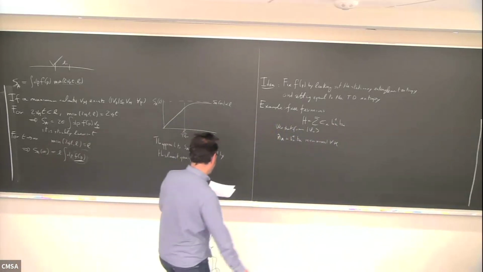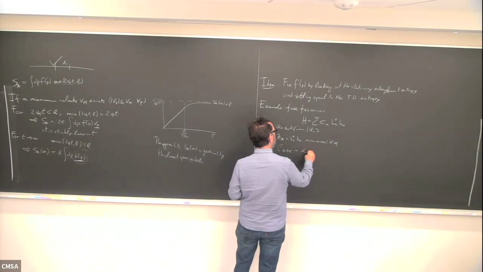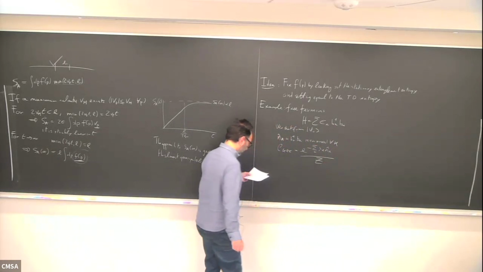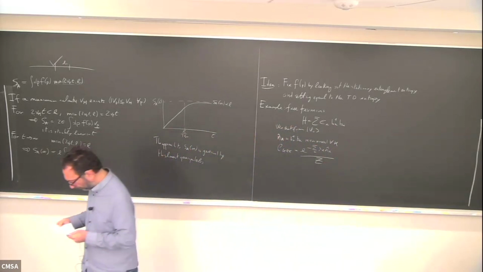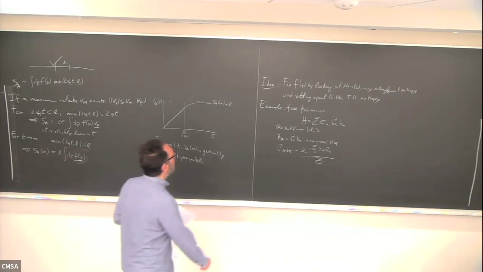So the GGE, rho GGE, can be written also as e to the minus sum over k, lambda k n k, divided by Z. What is the thermodynamic entropy in this ensemble? That's very simple.